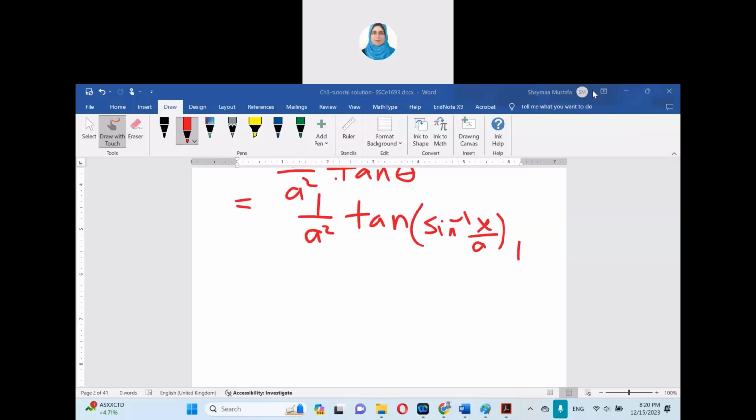Yes, 1 over cos square. Yes, correct. I agree with you, sorry. A over 2. Okay, now go back to question 10C.